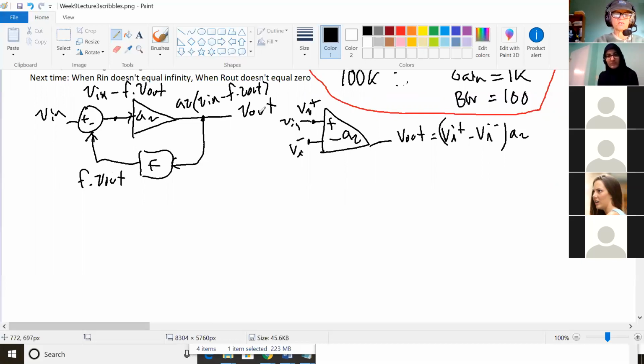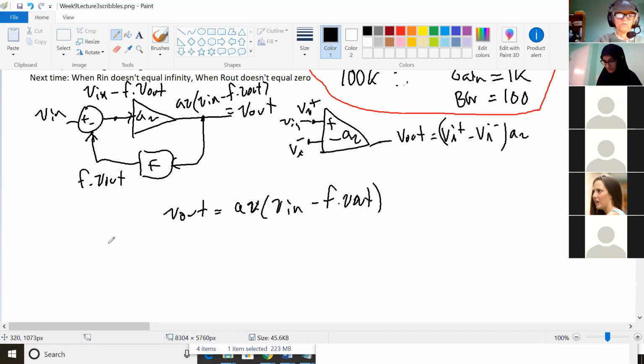So V out equals this whole thing. If you follow it around the loop, you see that the voltage at this node is this thing, but you also know, because that's where you started, this node is V out. So we can set V out equal to AV times (V in minus F V out).